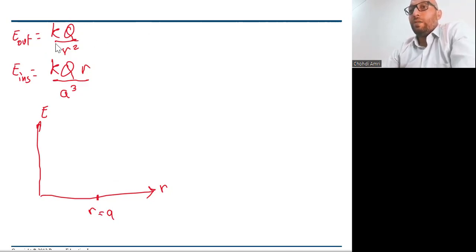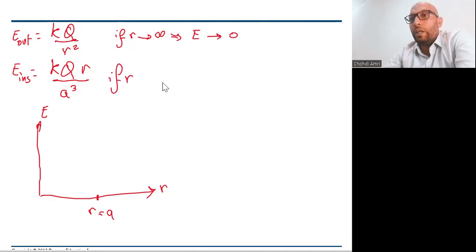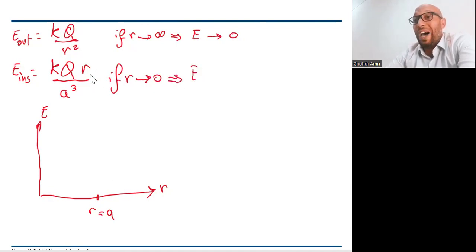For the electric field outside, if r is infinity, what happens to the electric field? It varies as a function of 1 over r squared, which means the electric field is 0. Now, if r is 0, we are inside. In this case, the electric field varies as a function of r, so it would be 0.